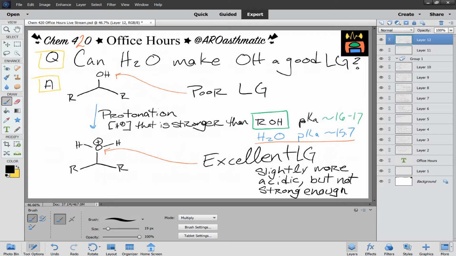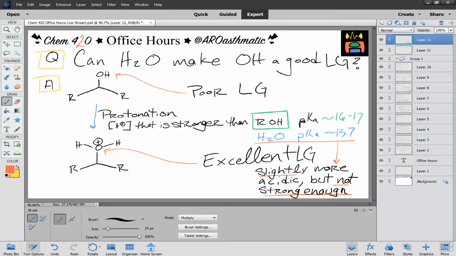When you want to turn your OH into a good leaving group, you want to use a strong acid. You want to use HCl, or sulfuric acid is another great one.